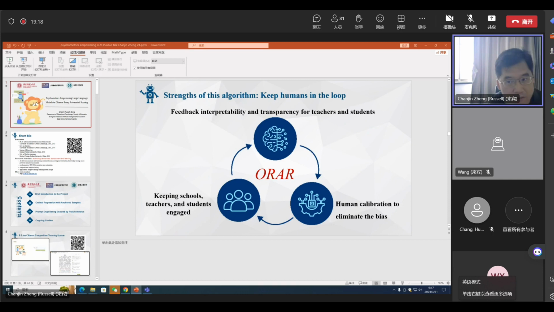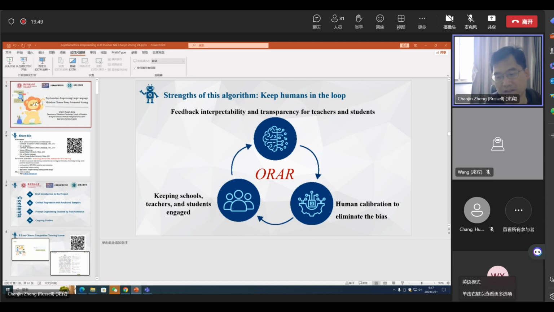What's the strength of this algorithm? What's the good thing about keeping humans in the loop? For a learning system used by a lot of teachers and students in daily life, feedback, interpretability, and transparency of the algorithm are very important to make them feel safe and comfortable. Also, human calibration has a real effect of eliminating scoring bias.